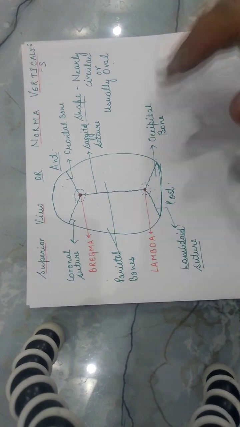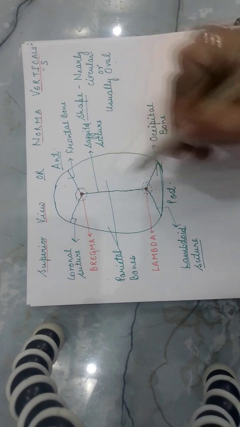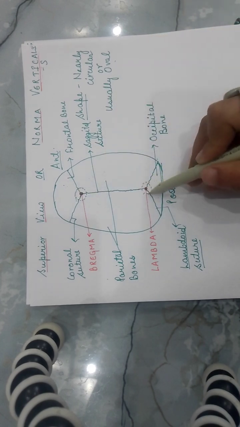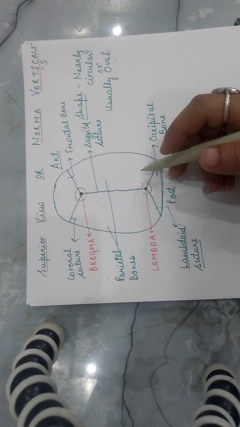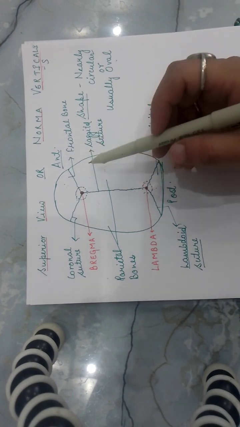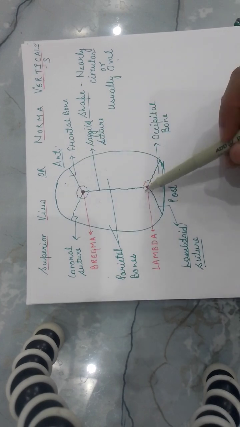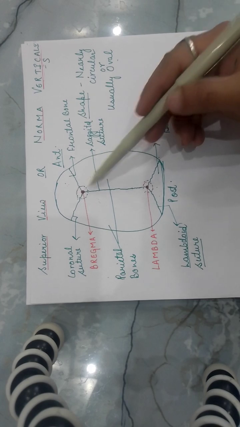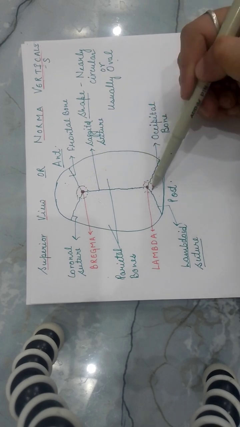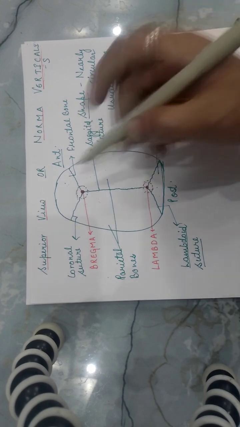Now, one more thing to remember is the anterior fontanelle and the posterior fontanelle. What are they? These two are membranous gaps which are usually seen in infants.